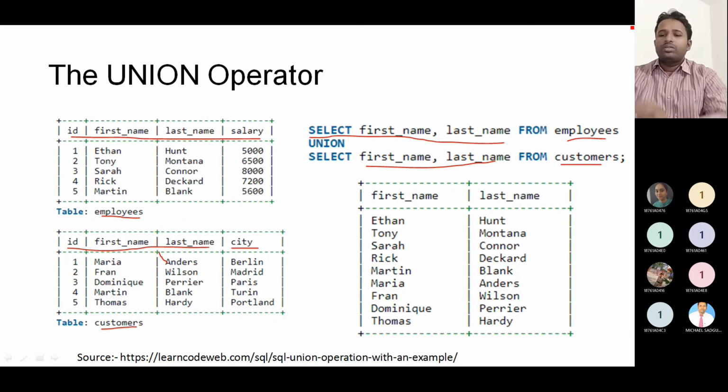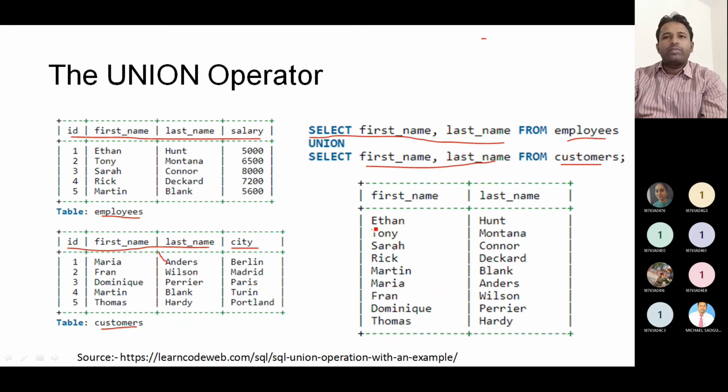Some of the employees may become customers also. An employee is working in one company and the same employee is purchasing something from the same company, so their name will be in the employee table as well as the customer table. So we are performing the union operation.